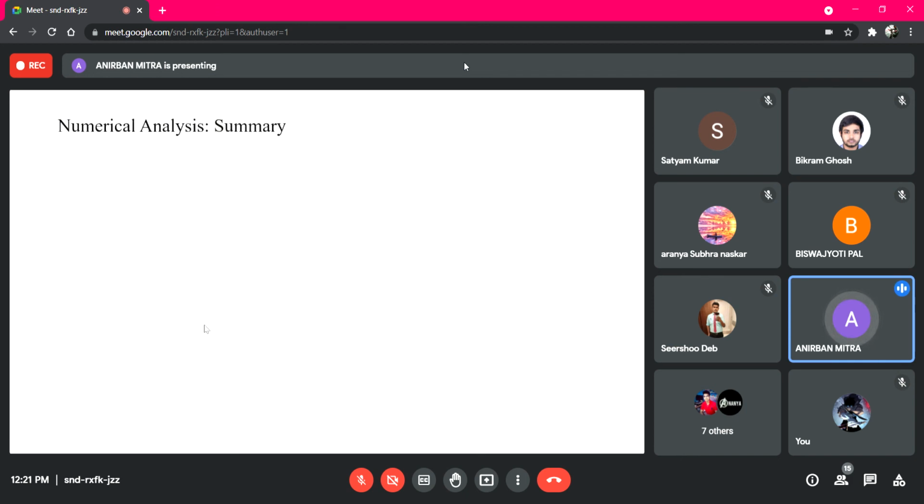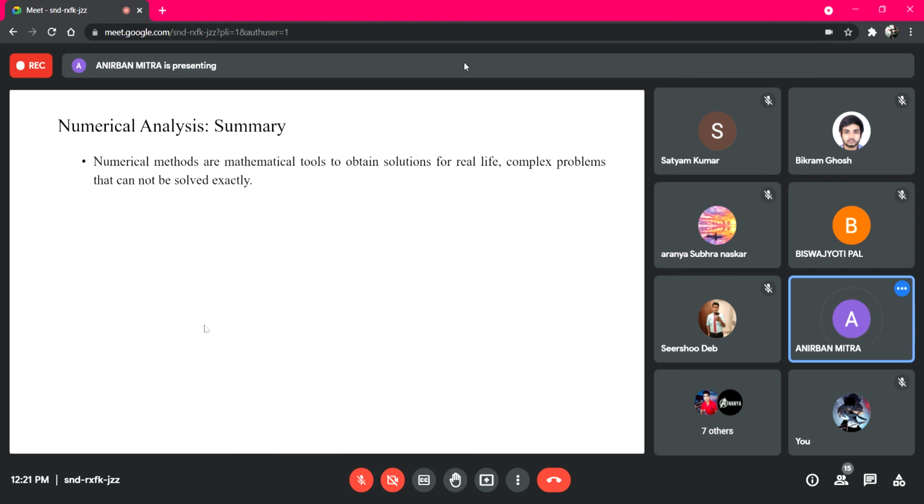So that brings us to the end of the discussions. Only one more slide is left, and that summarizes what we have discussed over the last 1 hour. First of all, numerical methods are mathematical tools to obtain approximate solutions for real-life complex problems that cannot be obtained easily.